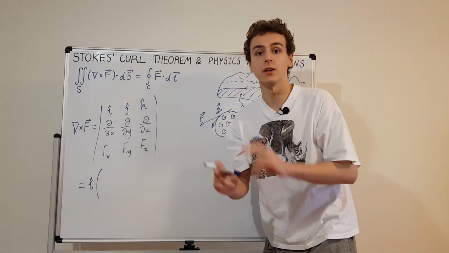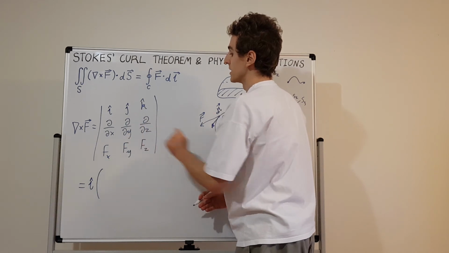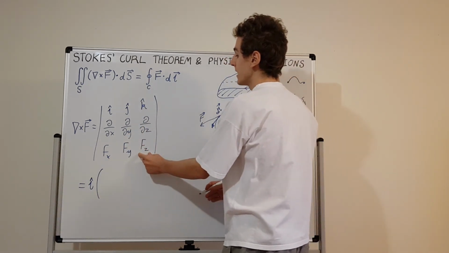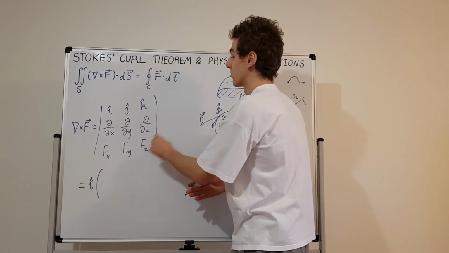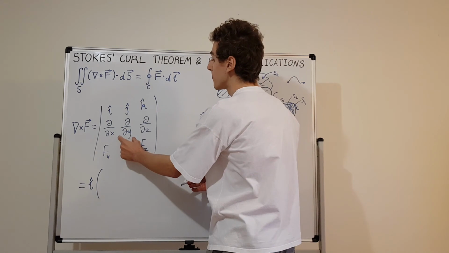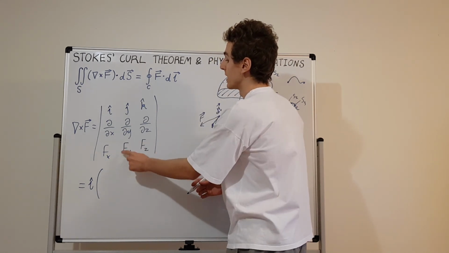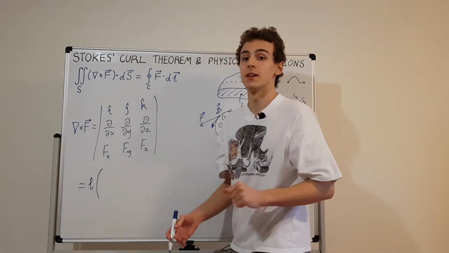That's the determinant of a 2x2 matrix. You take these two guys, and then you subtract these two guys. So we'll take fz, the z component of the vector f, and take the partial derivative with respect to y, and then we're going to do the same thing with fy, but instead of the partial derivative with respect to y, we're going to have z.